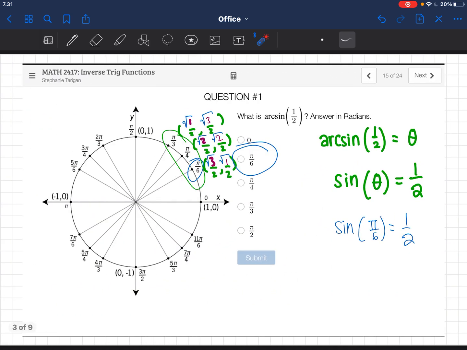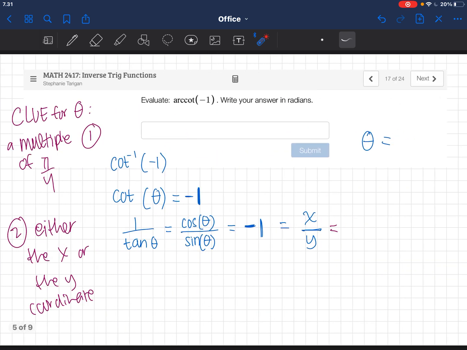So we have 3 pi over 4 and 7 pi over 4. And again, the multiples of it, right? Like if we take another period, another cycle around the circle, again, the multiples of it. Okay, so it could be this or that.